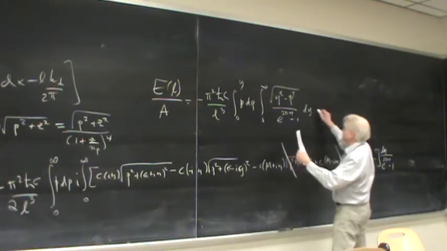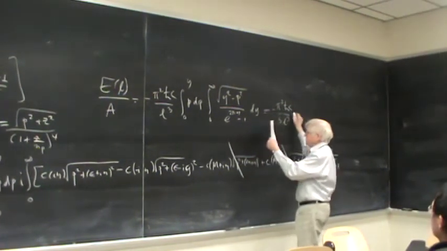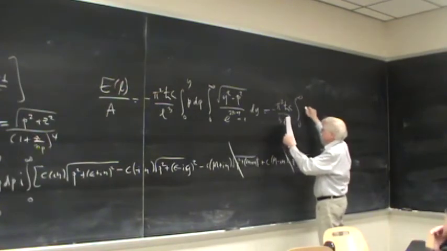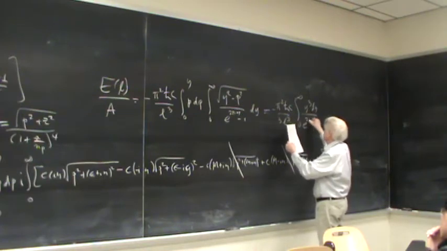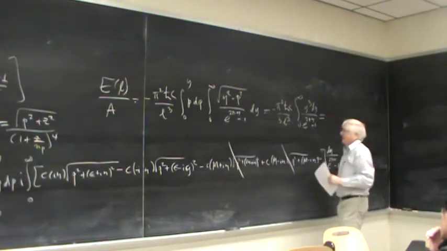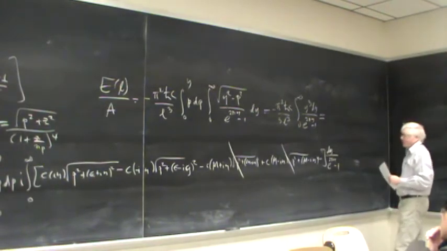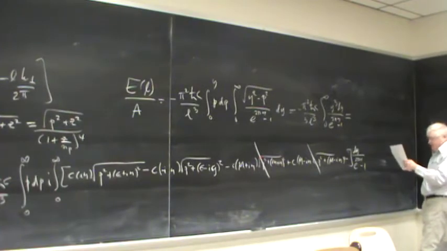And that turns out to be minus pi squared h bar c over 3L cubed, integral 0 to infinity, y cubed dy over e to the 2 pi y minus 1. And then, miraculously enough, this turns out to be a Bernoulli number.